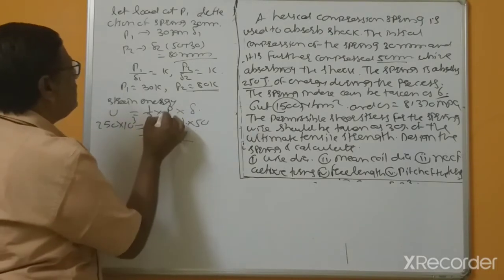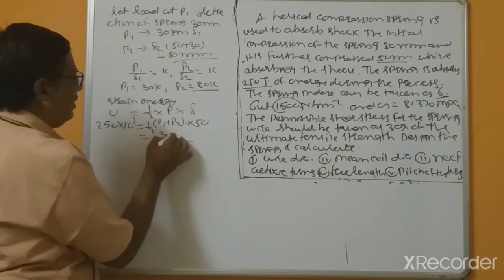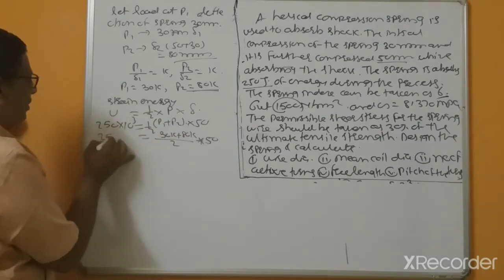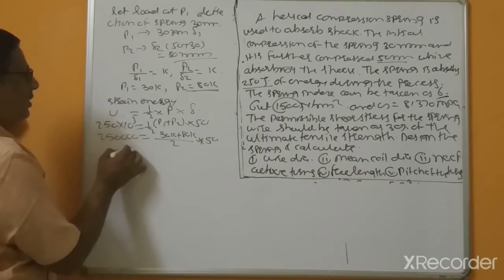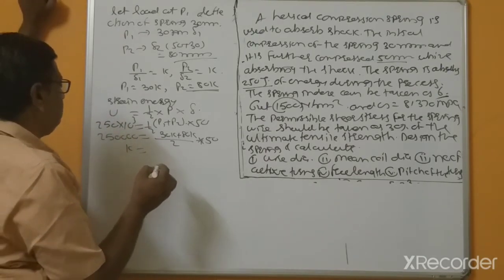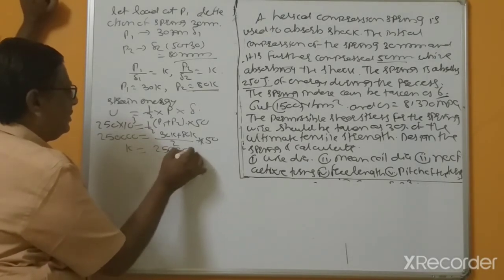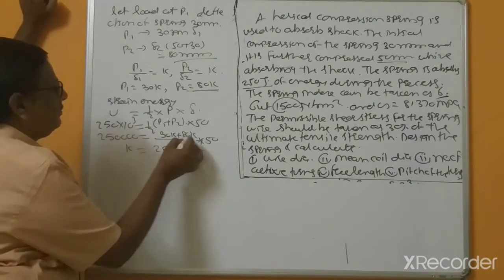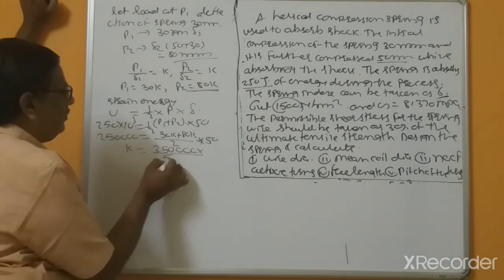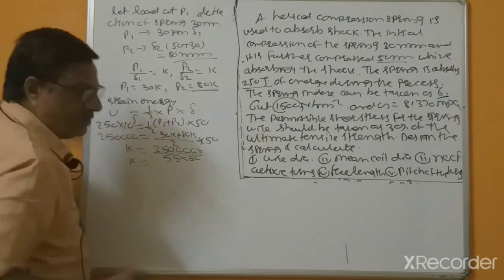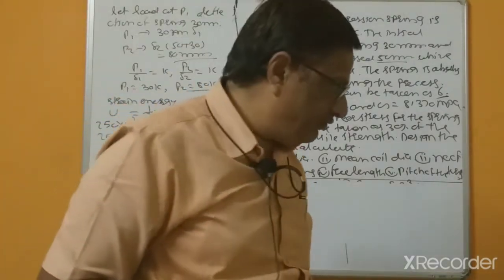So 30K plus 80K divided by 2 into 50, this is K equal to 2500, and 110 divided by, means this is 55 and this is 50. So this is stiffness.